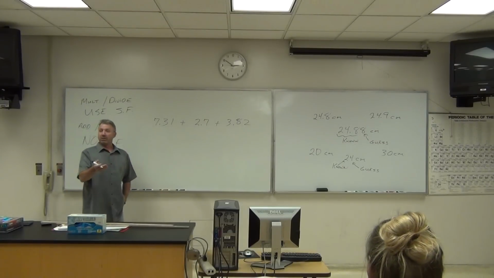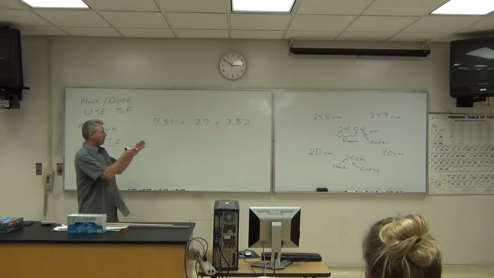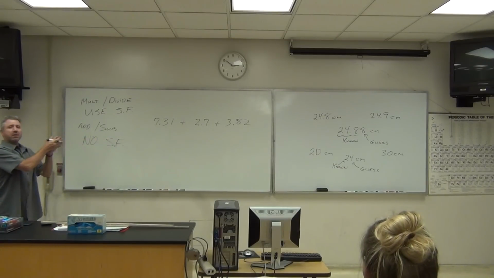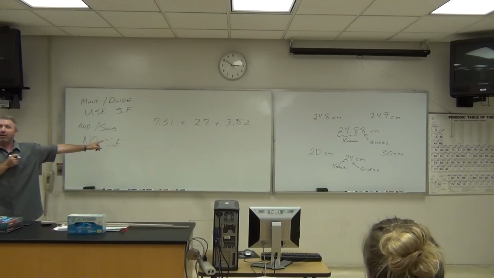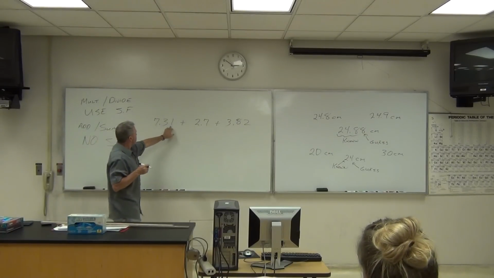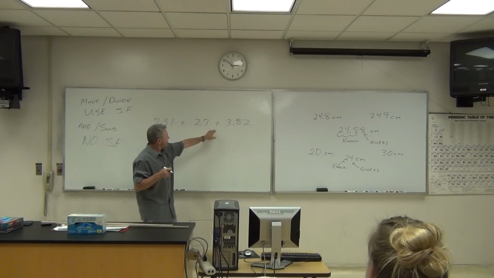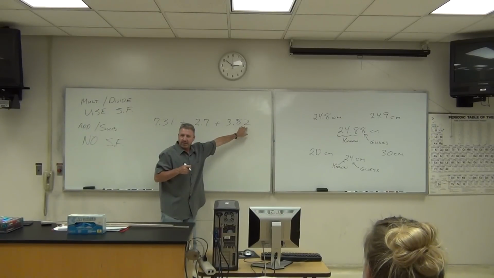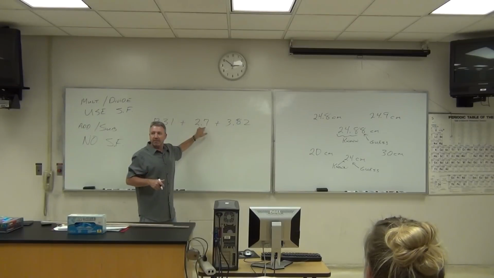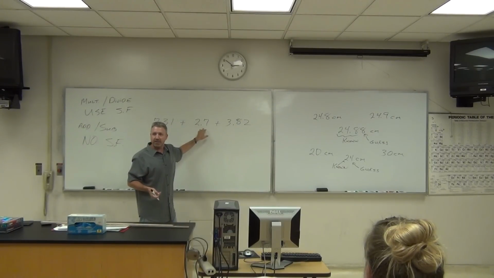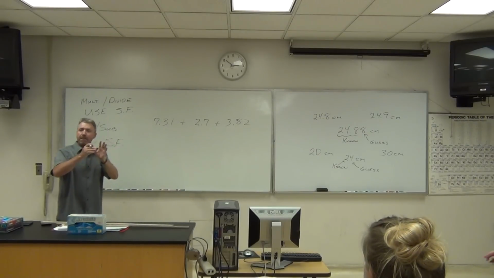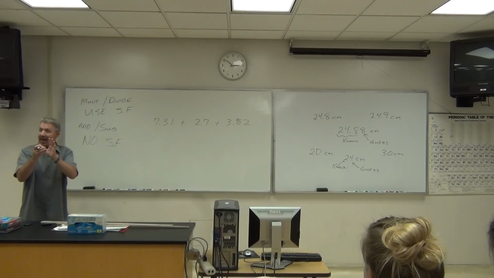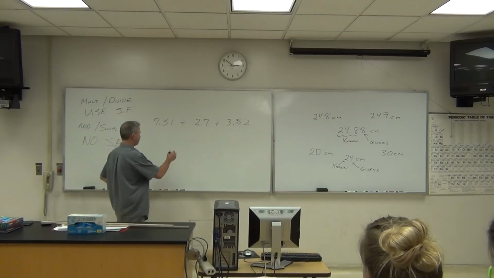There's 2 ways you can look at it. The first one is to look at what's the least accurate piece of data here right now. You look at this and you say, this has a hundreds place, this has a tens place, this has a hundreds place. The tens place. So the last digit in your answer is going to be the tens place. That's one way to look at it. Okay, you look at the number that has the least accurate number of decimal places.